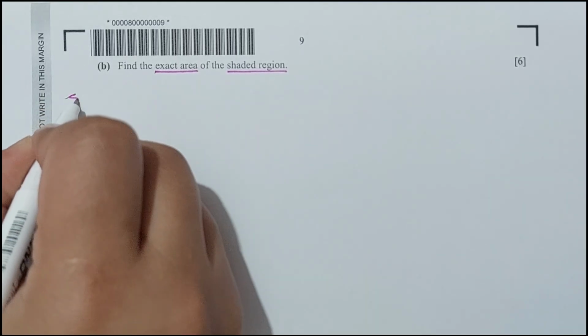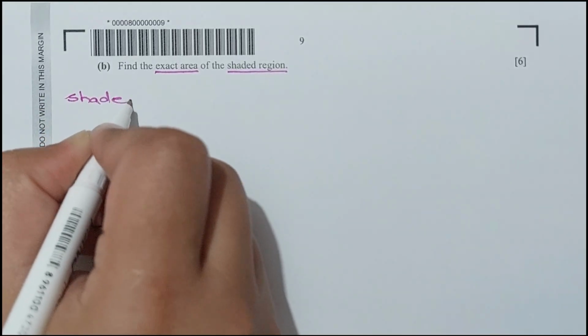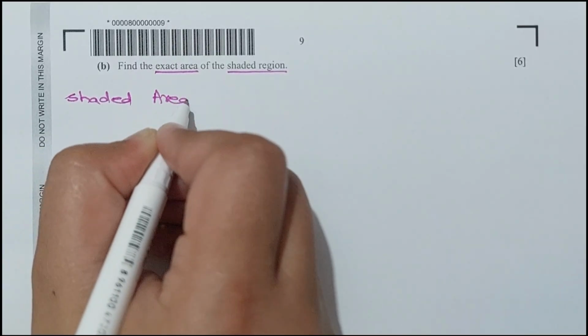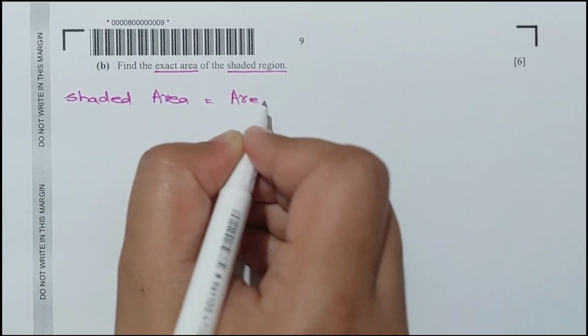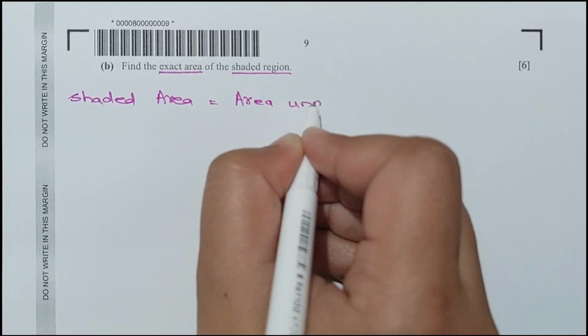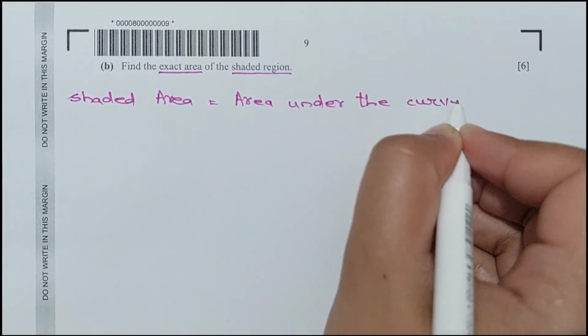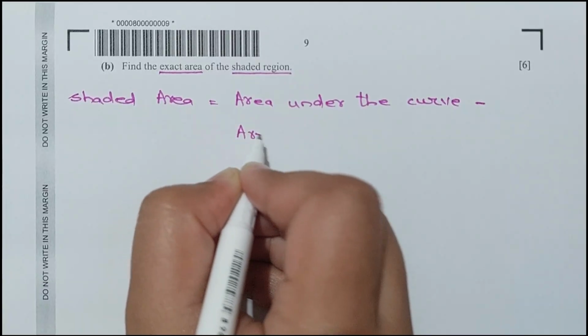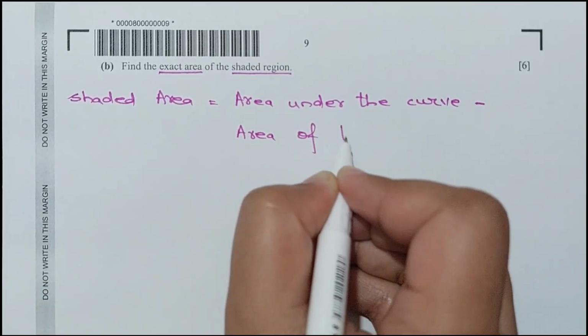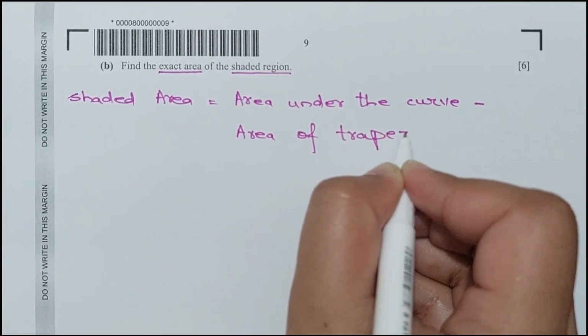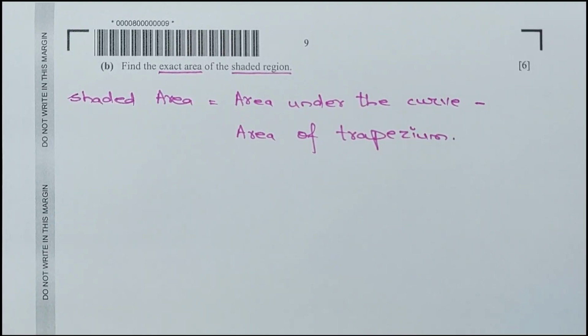So we can say the shaded area is area under the curve minus area of trapezium, right?